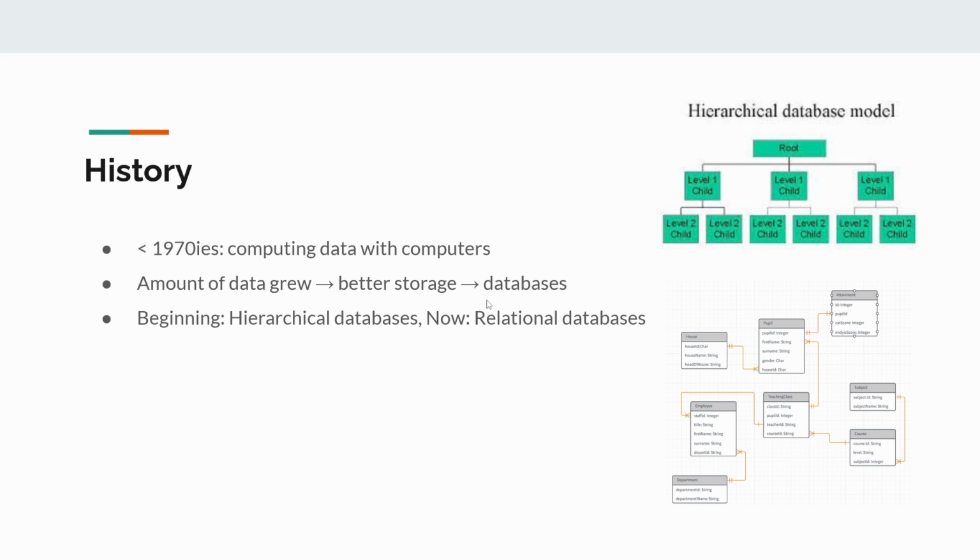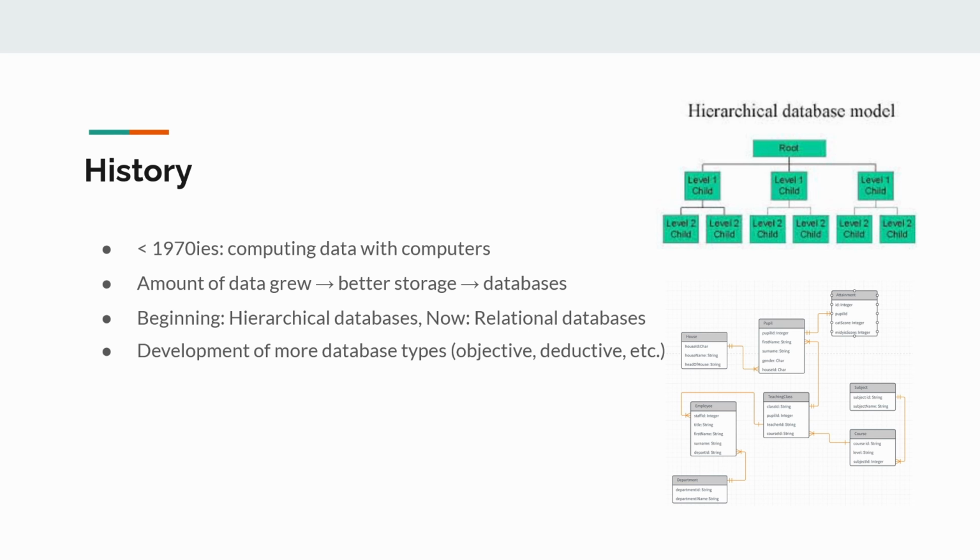And today we have so-called relational databases, mostly. So we have other databases, but mostly relational databases that look like that one down here. I'm going in depth on relational databases in a few minutes, but just know the structure. It's different than hierarchical databases.